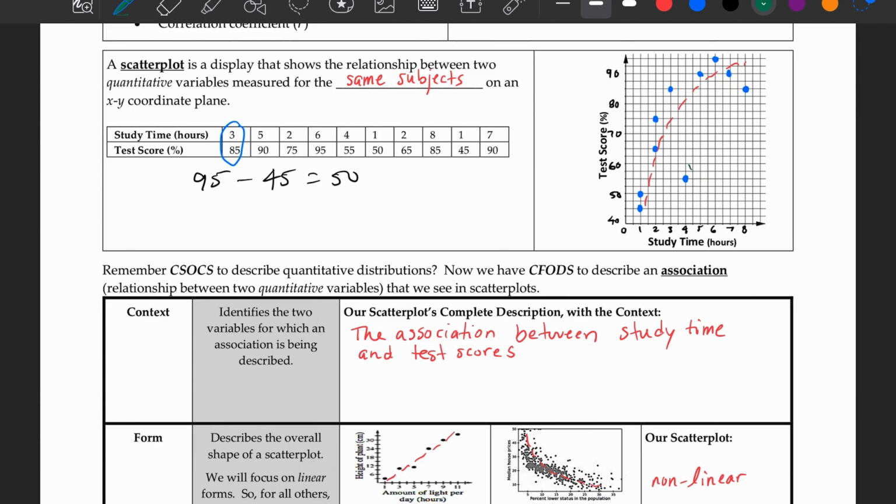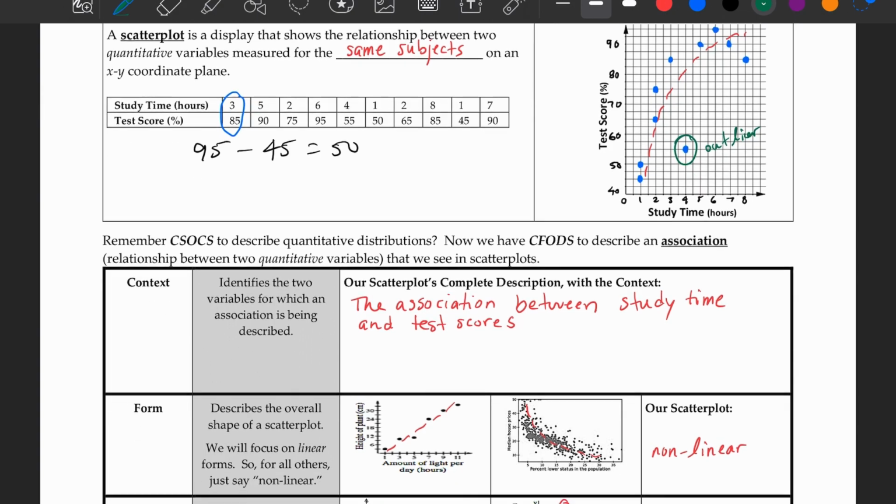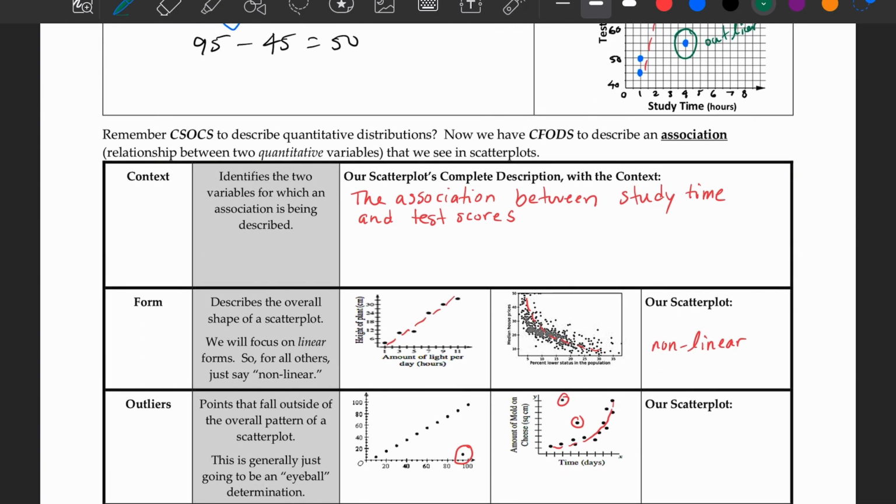In my case, I feel like I'm seeing this right here as an outlier. So I'm going to say there is one outlier in my scatter plot based off of my trend line.